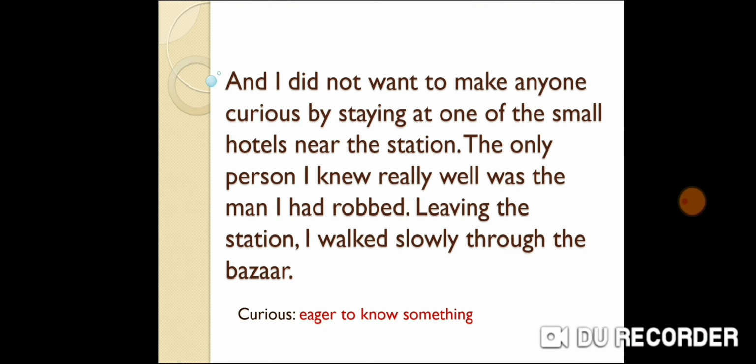So he didn't want to make anyone eager to know about him by staying in the hotels near the station. The only person he knew in that city was Anil, whom he had already robbed, from whom he had already stolen money.